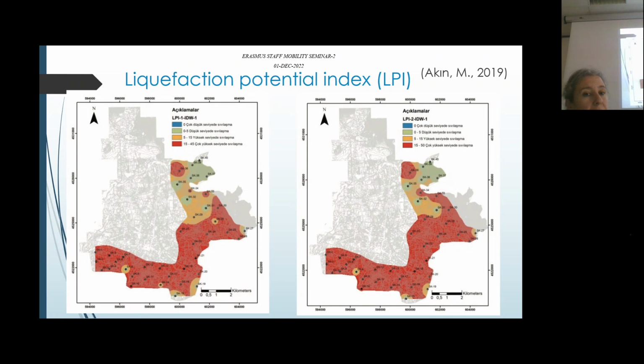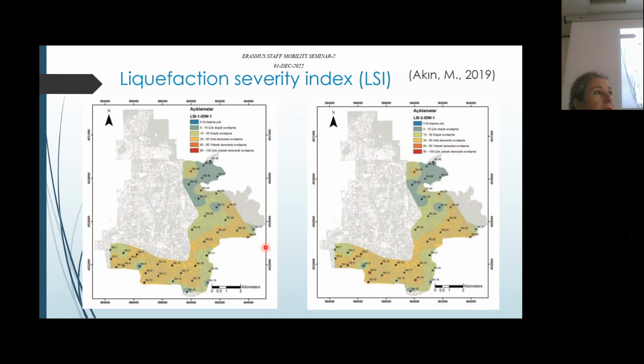And by the way, I have also considered different scenarios for the system. I forgot to tell you. This is the liquefaction potential index for different scenarios, or even the severity index. Why does it differ like that?